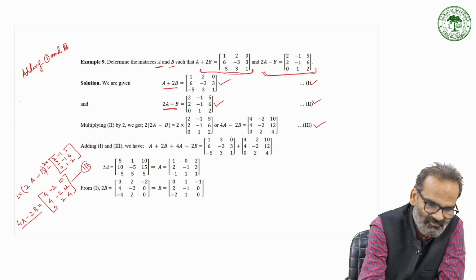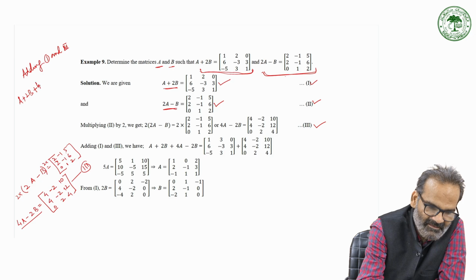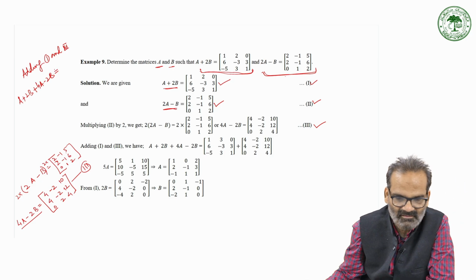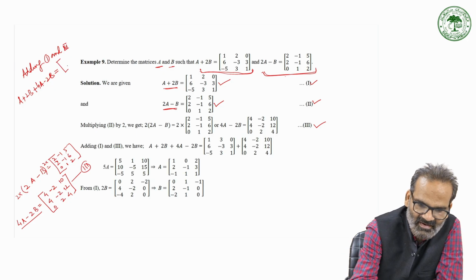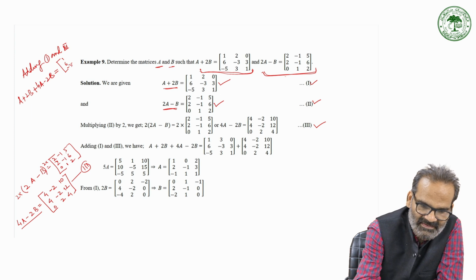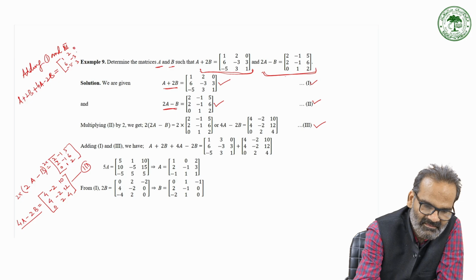See, 1 is A plus 2B, plus 3 is 4A minus 2B. This is equal to what? This matrix means 1, 6, minus 5, 2, minus 3, 3, 0, 3, 1.